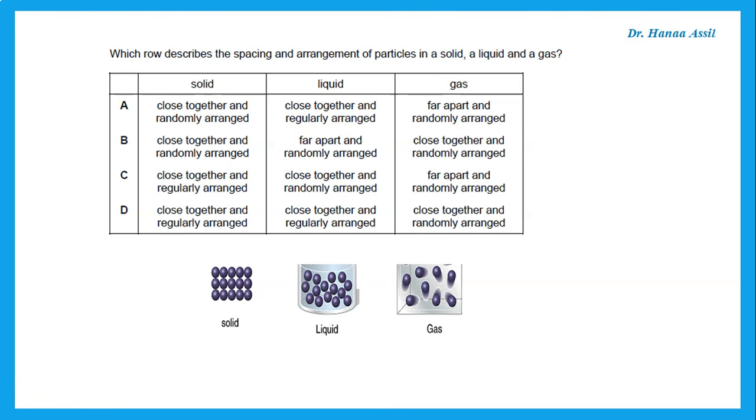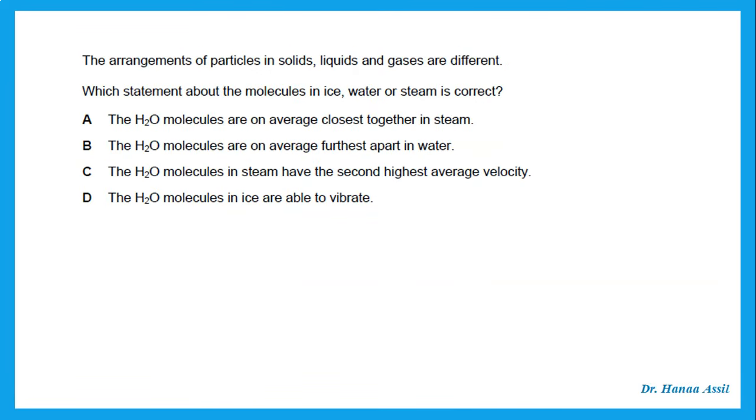Remember that for a solid, they are close together and regularly arranged. So my answer is C or D. Then, liquids are close together and randomly arranged, and gas is far apart and randomly arranged, so my answer is C.